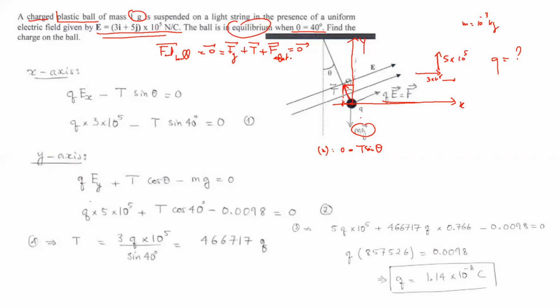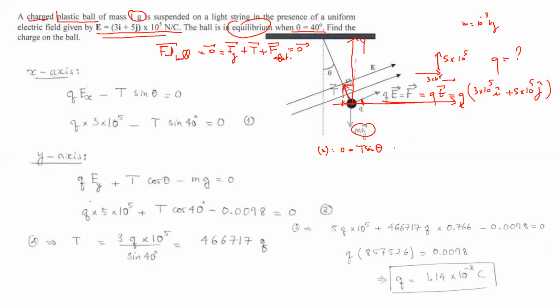Now, electrostatic force along X. I need to get what is this angle here. But do I need it? Not really, because my electrostatic force will be Q multiplied by E. E we already know: 3 times 10 to the power 5 i hat plus 5 times 10 to the power 5 j hat.